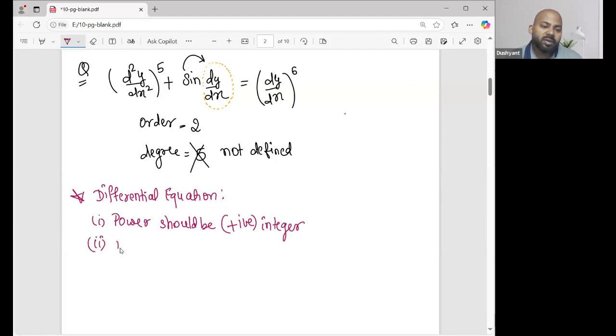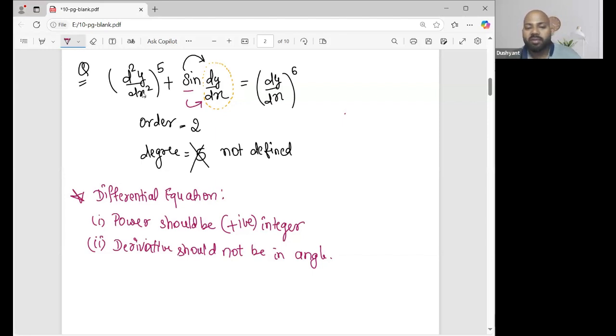Second thing, the derivative should not be in the angle. Means sine and then theta, so theta should not be in the form of a derivative. If we have sine dy over dx, the order will be there, second order derivative, but the degree will not be defined.